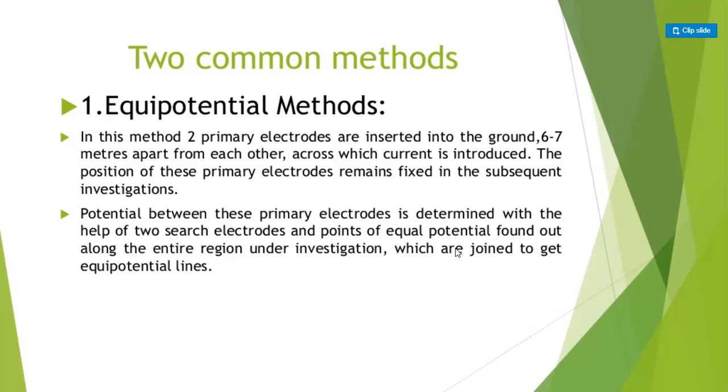In this array, the electrodes are so arranged that the distance between any two successive electrodes is equal. The electrode spacing of the potential and the current electrode is in the ratio of a to 3a. That is, if the distance between potential electrodes is a, the distance between current electrodes is 3a.